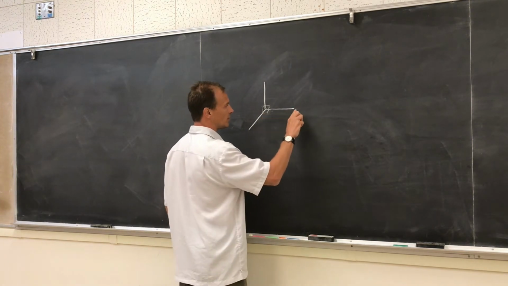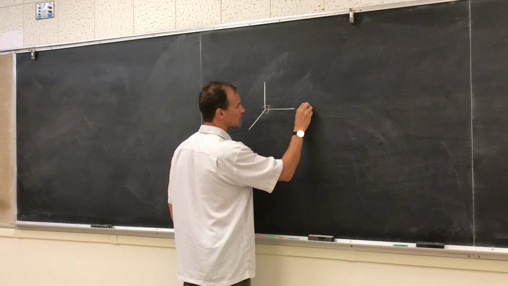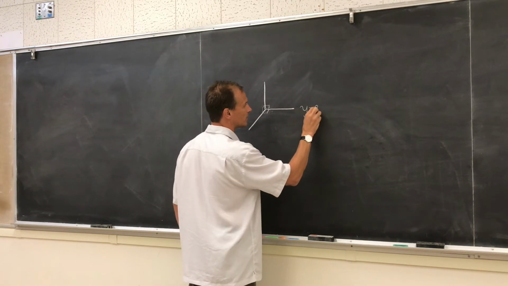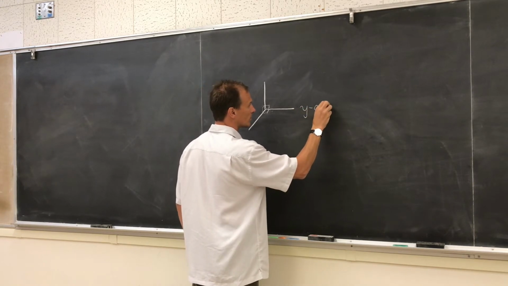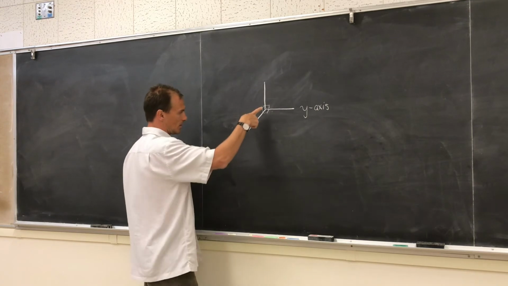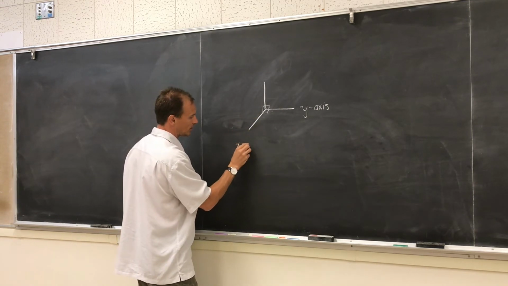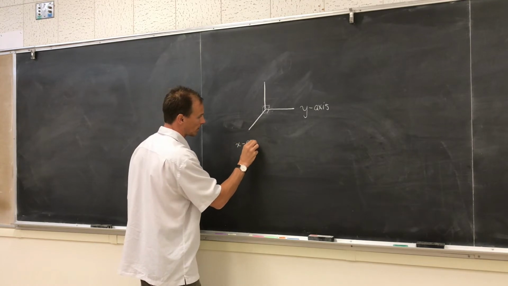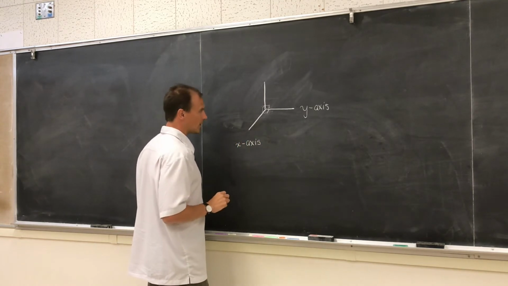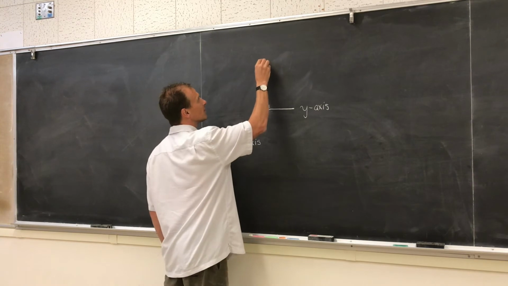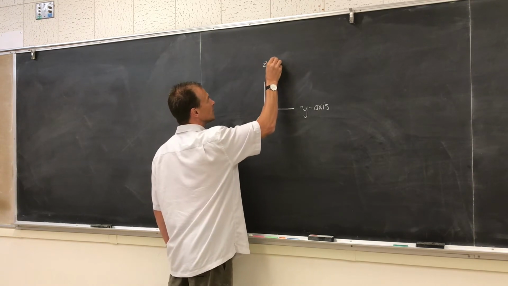This horizontal line that we drew, this is my y-axis. The line coming off at an angle represents the x-axis. The vertical line represents the z-axis.